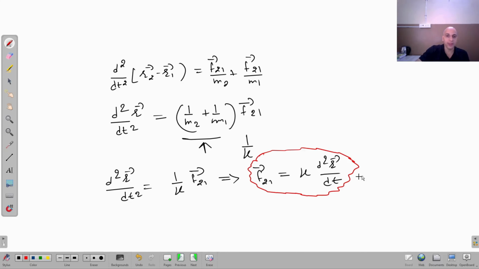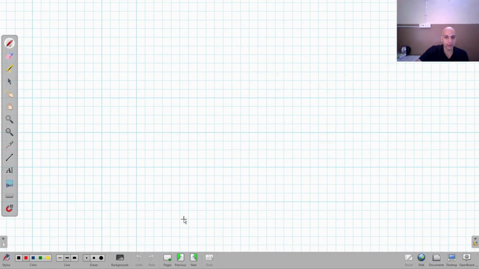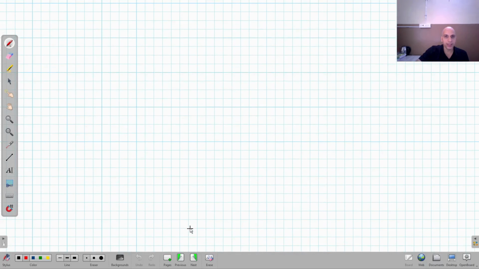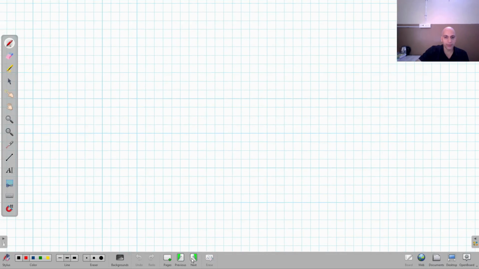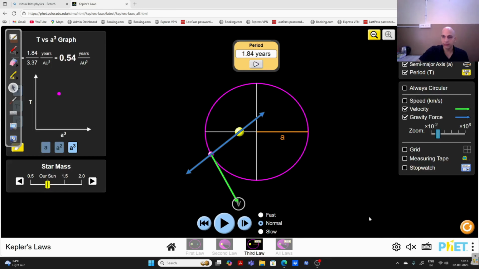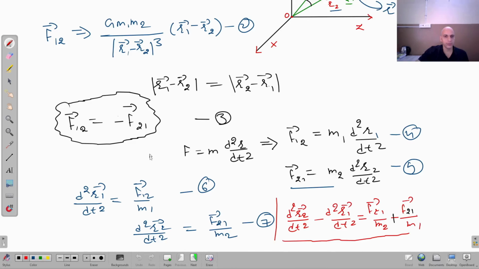F is equal to m into a. Earlier we had two equations. I am showing you these two equations. These are the two equations that I am talking about.